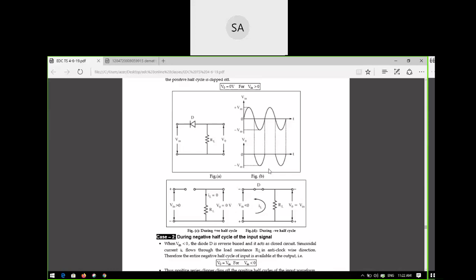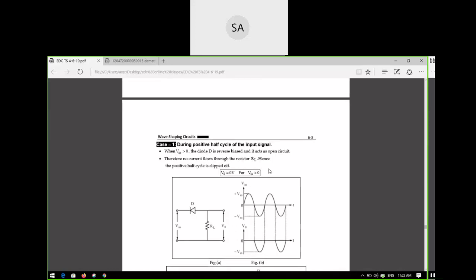Negative clipper means it clips off the negative half cycle. Is it clear? This is the unbiased clippers. Biased clippers we will see in the later case.